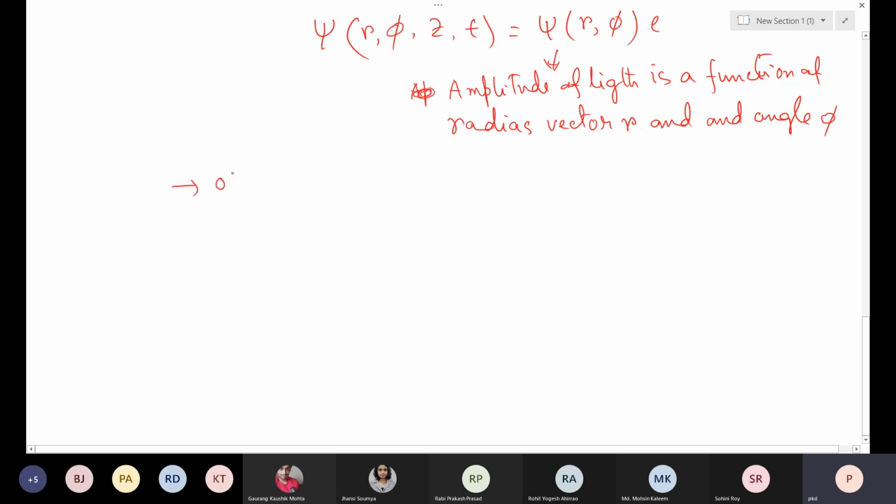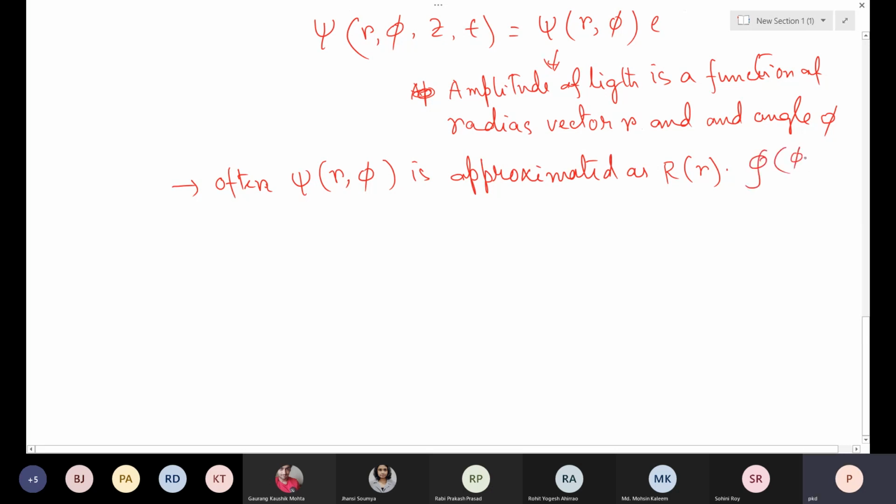Often psi(r, phi) is approximated as a product of two functions, variation along r and variation along phi.